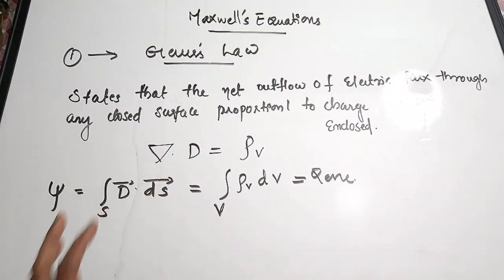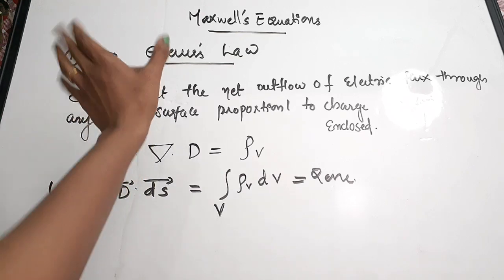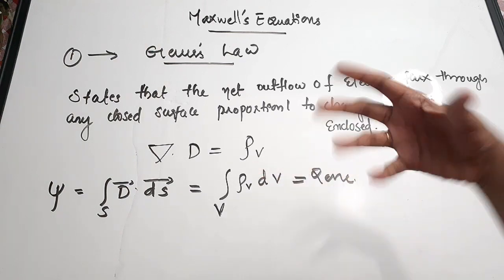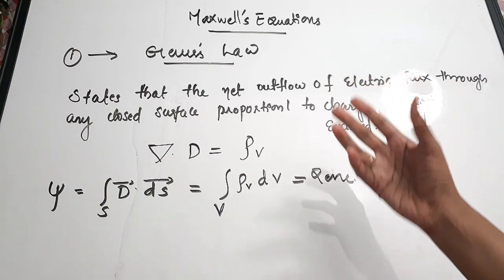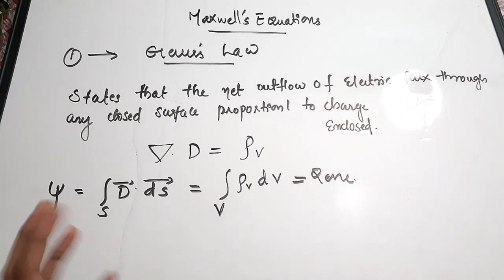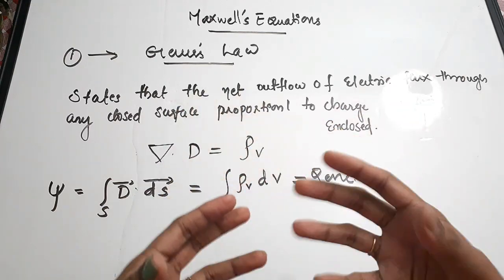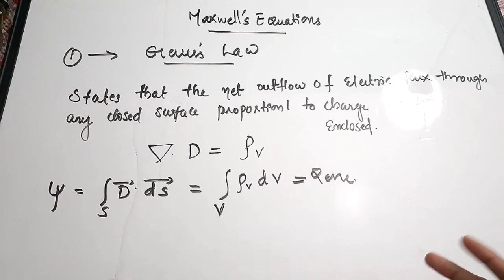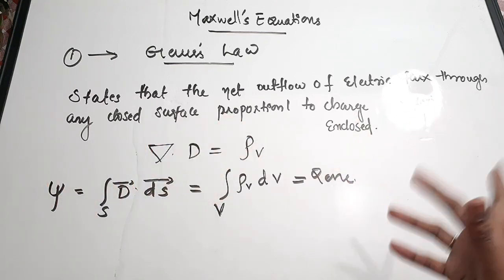The first one is Gauss's law. We have discussed Gauss's law in the electrostatics formula revision video also. Gauss's law states that the net outflow of electric flux through any closed surface is proportional to the charge enclosed. Consider a closed surface: the net electric flux flowing out of that surface is proportional to the charge enclosed.